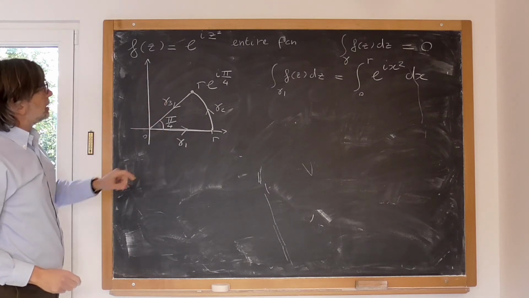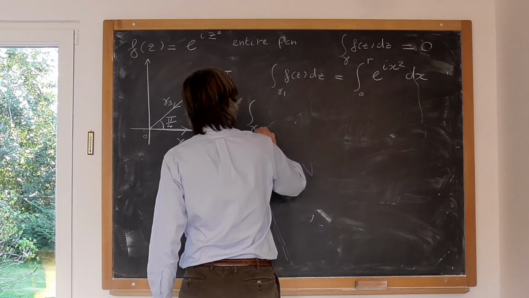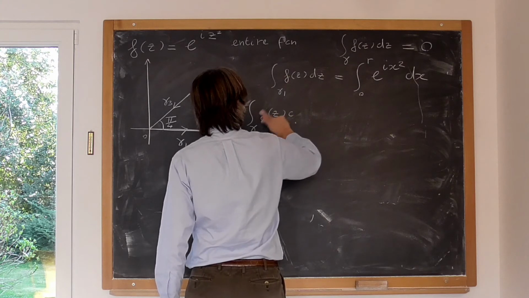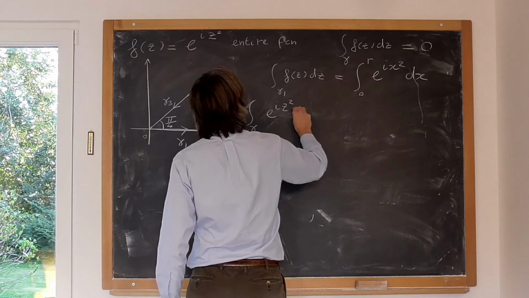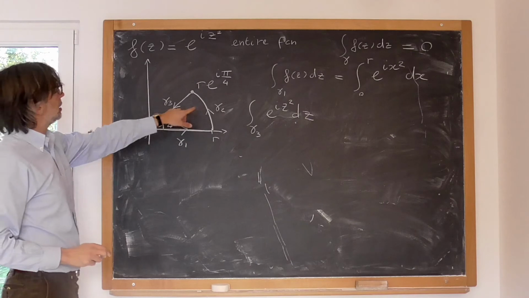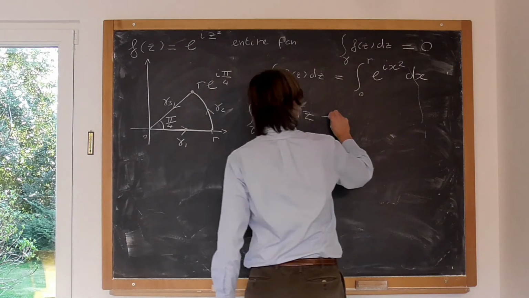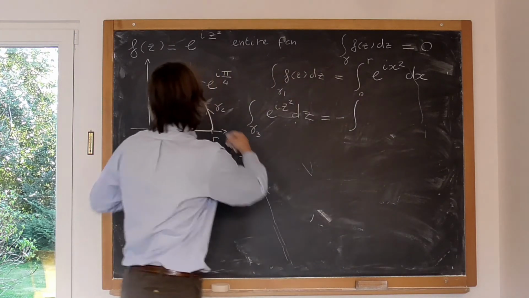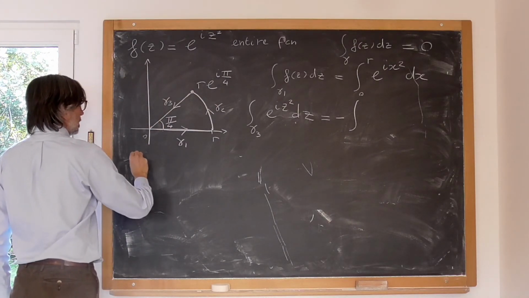Let's compute the integral over gamma 3 first. Integral over gamma 3, f of z dz, or maybe let's write immediately what the function is, e to the i z squared dz. So, how do we parameterize this gamma 3? So we can write a minus, and then we will look at actually the curve gamma 3 hat.